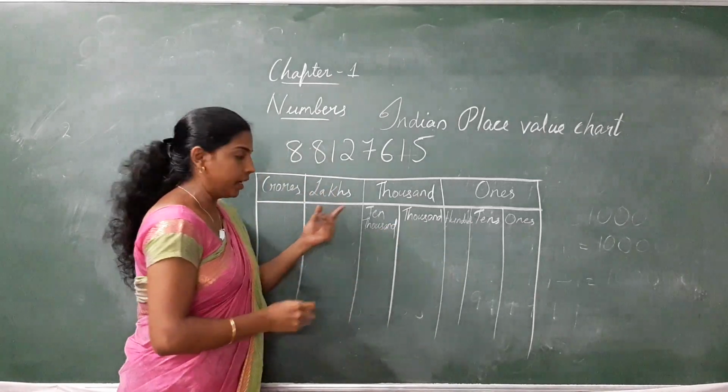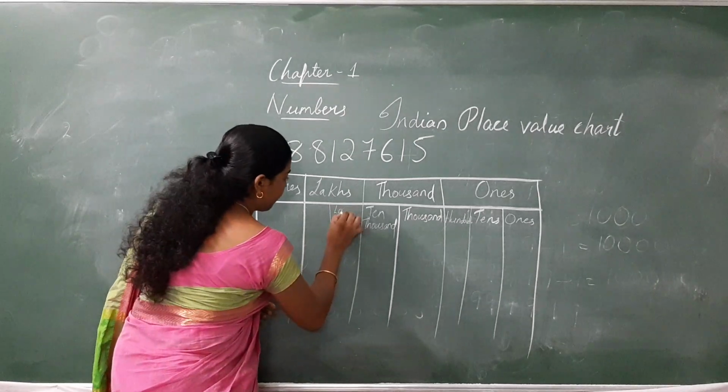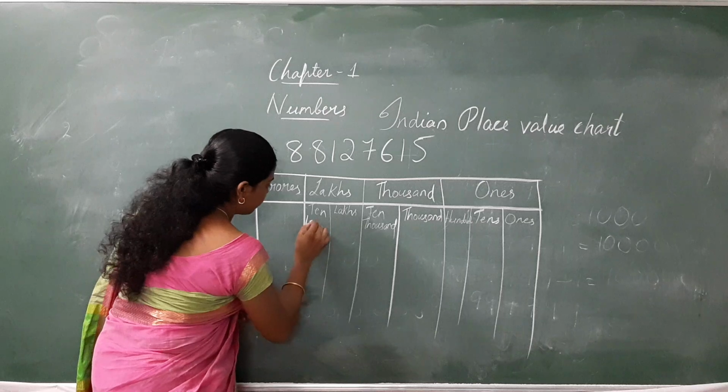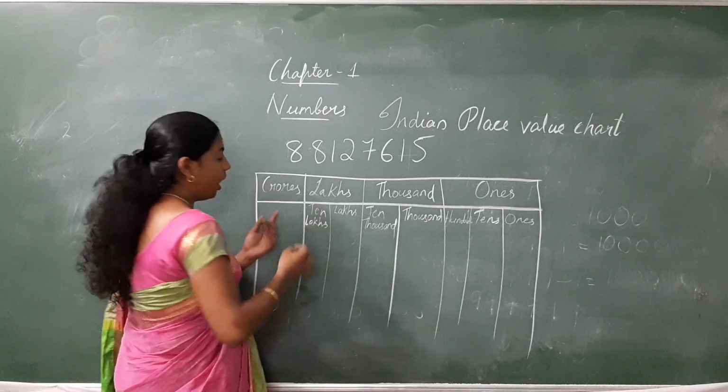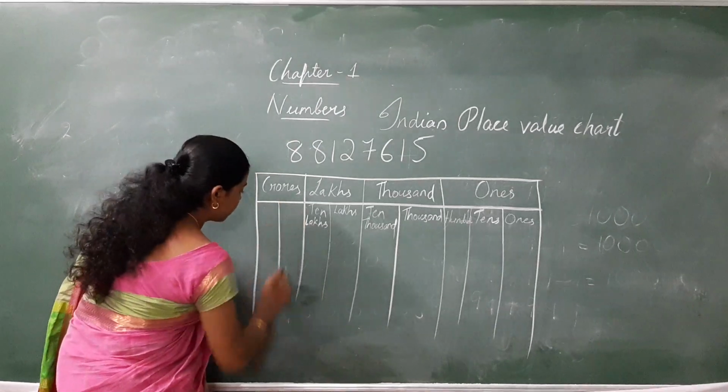Then the lakhs period is divided into lakhs and 10 lakhs. And the crores period is also divided into crores and 10 crores.